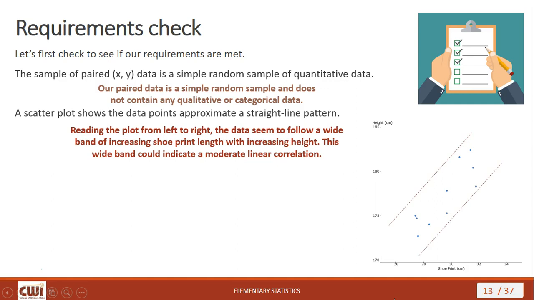So if you imagine two dashed lines representing the edges of this band that I'm speaking of, notice that all the data points lie within that band, and that the general trend of the band is continually upward as we go from left to right. Because this band is pretty wide, we're going to see no more than a moderate linear correlation if we see a linear correlation at all.